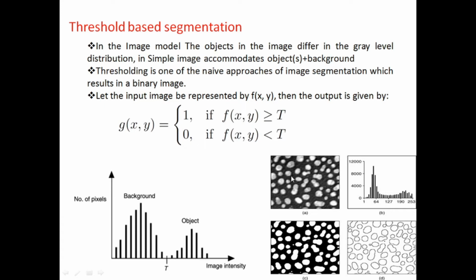So let me take this as my input image. The objects are present on a uniform background, which is black in color. For this given input image, I compute the histogram. Based on this input image, I get the histogram where the y-axis gives the number of pixels and the x-axis gives the image intensity.